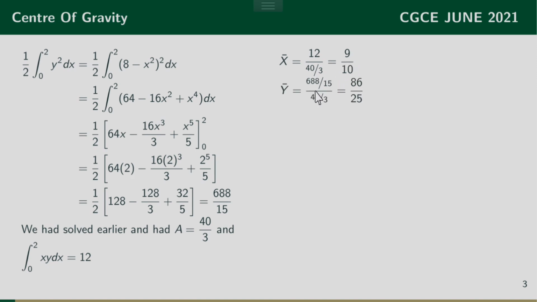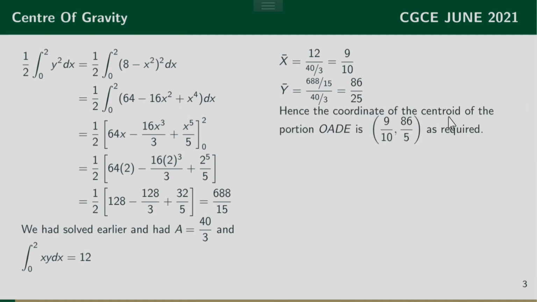And y bar, on the other hand, will be half the integral of y squared, which was 688 divided by 15, divided by the area 40 on 3. Evaluating as well gives me 86 over 25. Hence, the coordinate of the centroid of the portion OADE is 9 over 10, 86 over 5 as required.